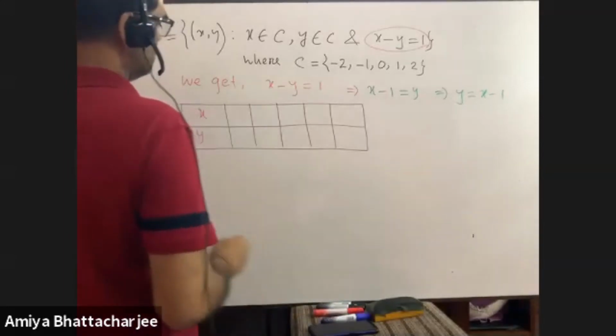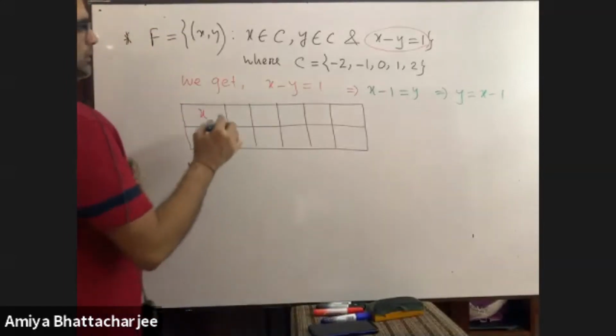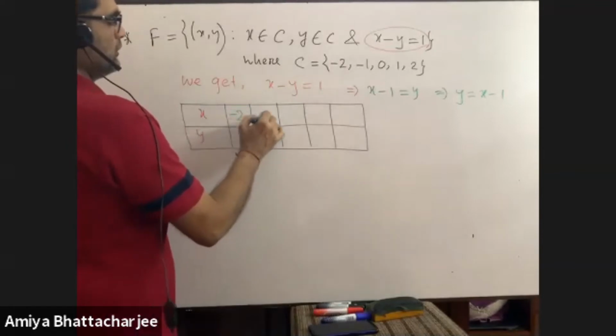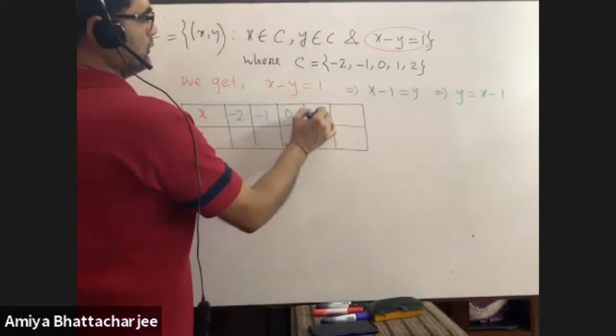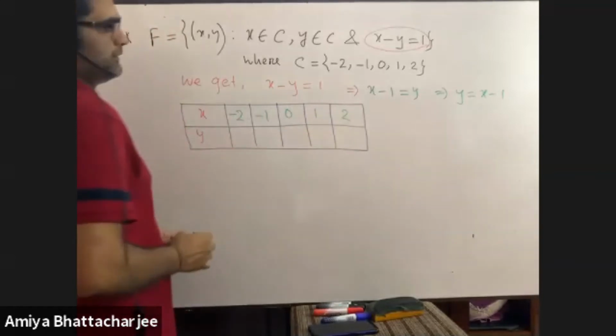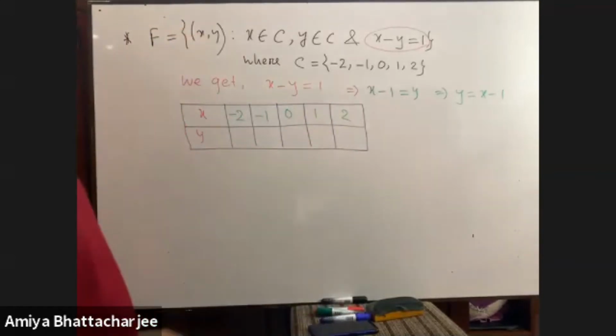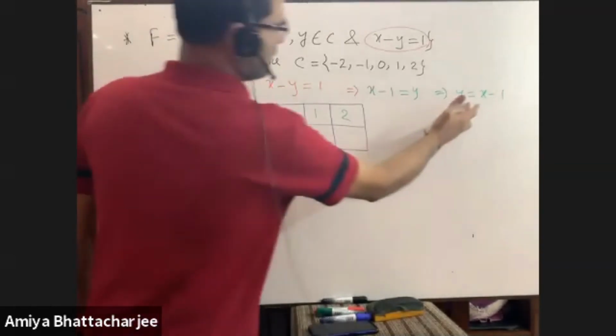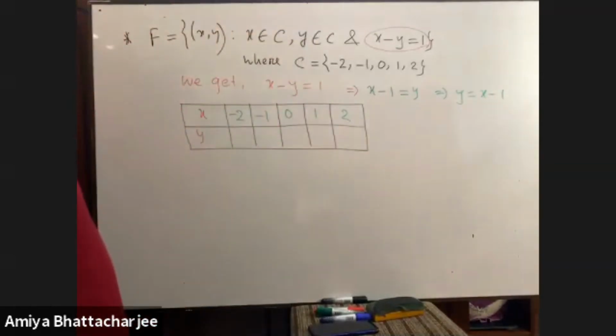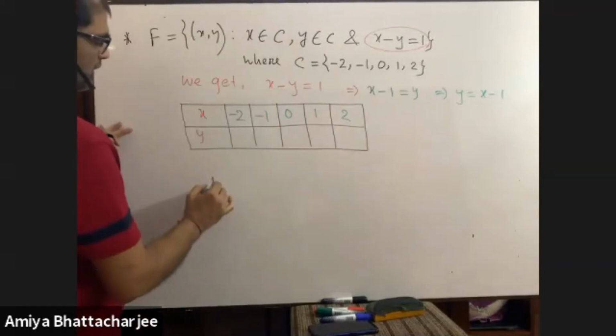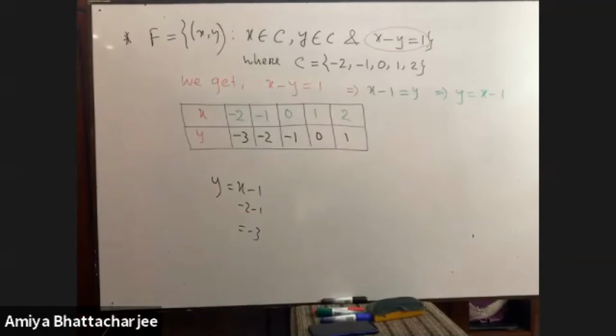Now you put the values. What are the values of x? -2, -1, 0, 1, 2, right? Now you put the value here for x minus 1. What will be y? y equals to x minus 1.